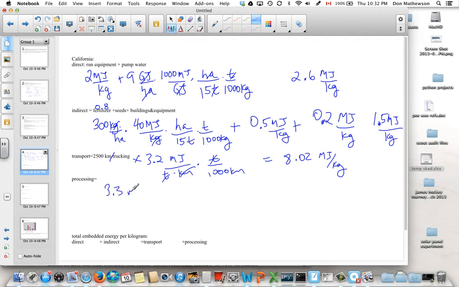Processing, this was just a given number, surprisingly constant over a wide range of food products. So now the total embedded energy per kilogram for our California tomato was 2.6 plus 1.5 plus 8.0 plus 3.3, and all of that is megajoule per kilogram units.